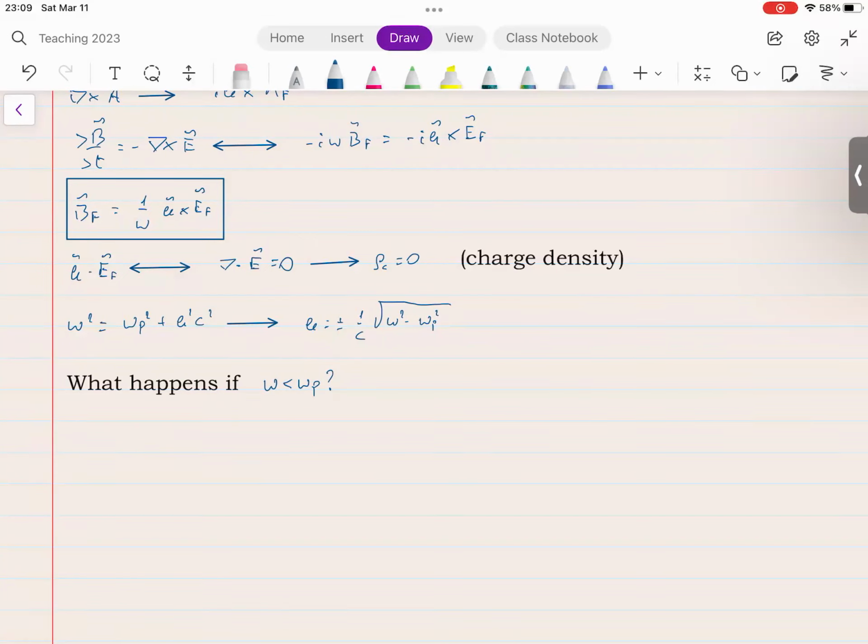Well, in that case, the quantity under square root is negative, and therefore I'm going to get the wave number to be not only complex, but purely imaginary.